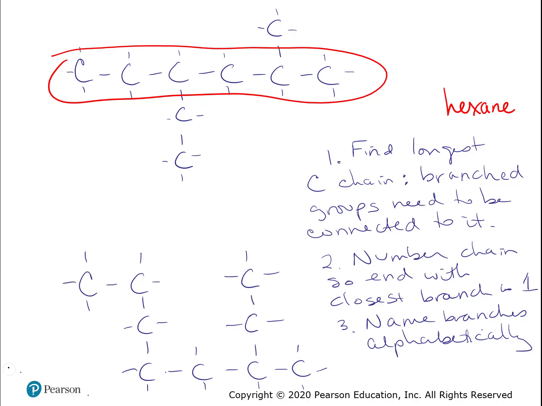Now I'm going to name the groups. So here is a single C. It would have 3 hydrogens on it, so that would make this a methyl, right? Remember, a single carbon hanging off. But this one coming down here is a little different because that's a 2 carbon group. So that would be a CH2, CH3. So that would be what?